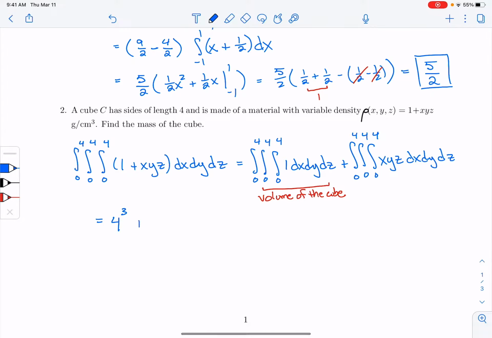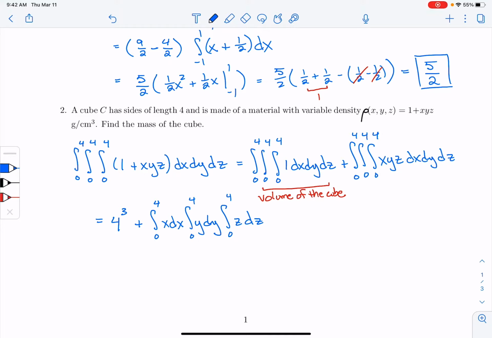And then I can split up the second integral quite nicely. It's the integral from 0 to 4 of x dx times the integral from 0 to 4 of y dy times the integral from 0 to 4 of z dz. I can do that because this is a function of x times a function of y times a function of z, and I can consider those integrals separately because x is constant with respect to y and z, y is constant with respect to x and z, and z is constant with respect to x and y.